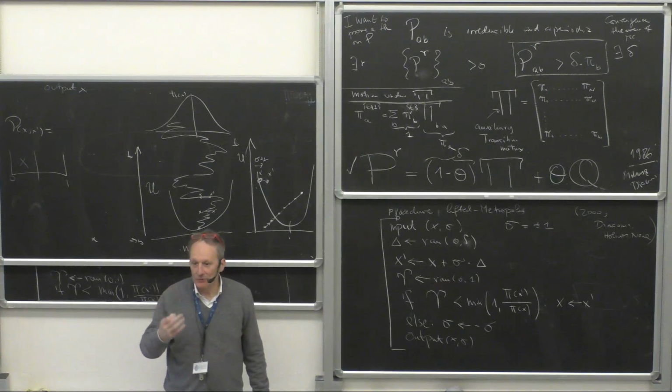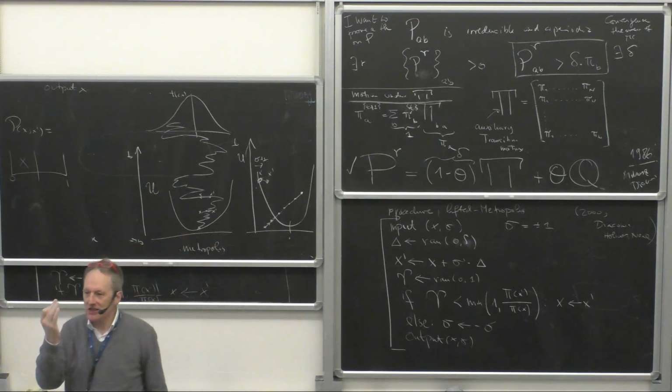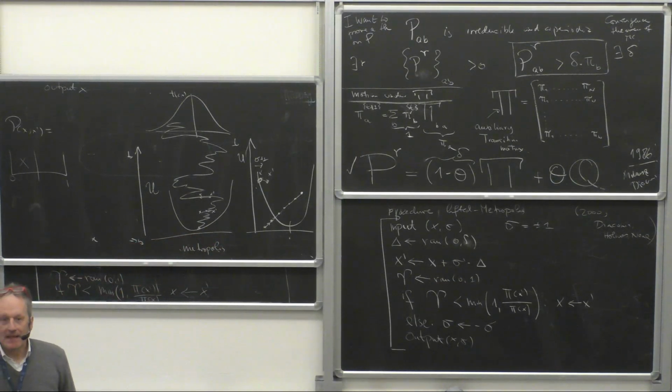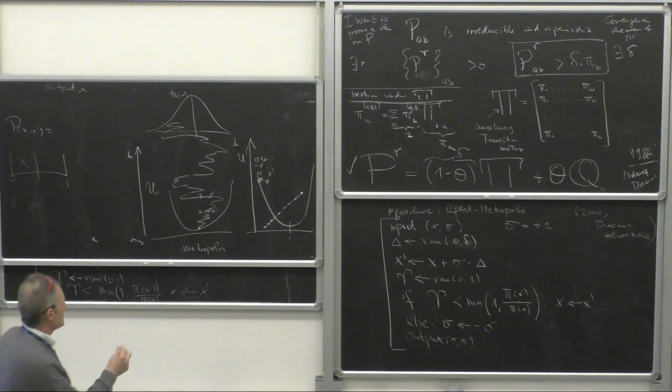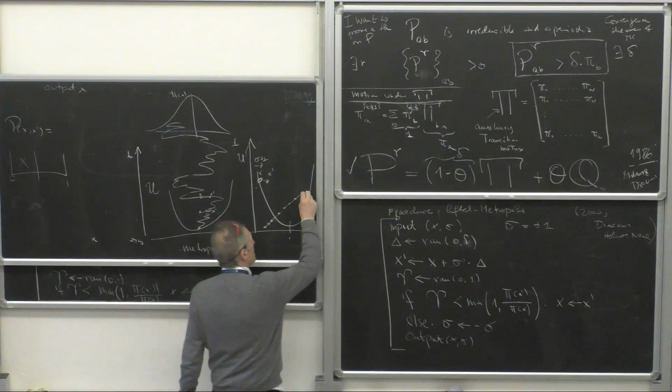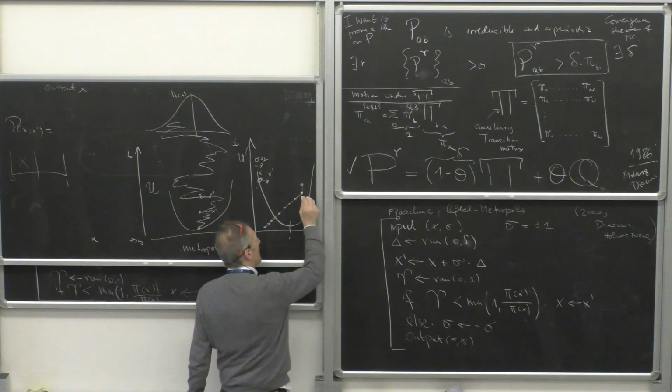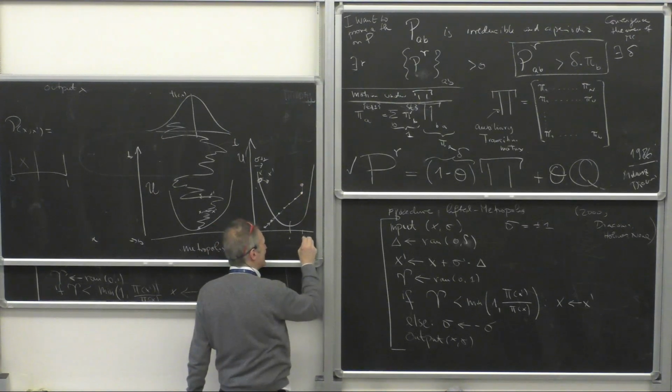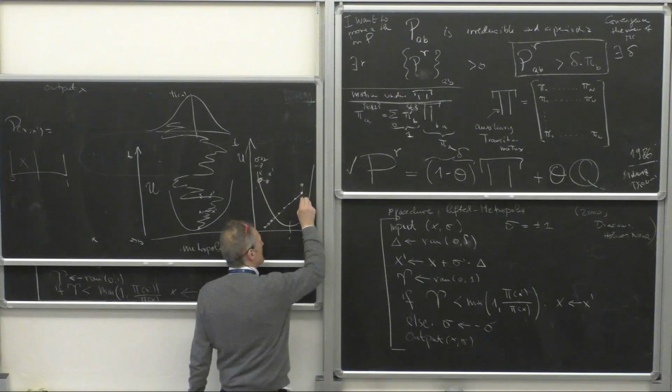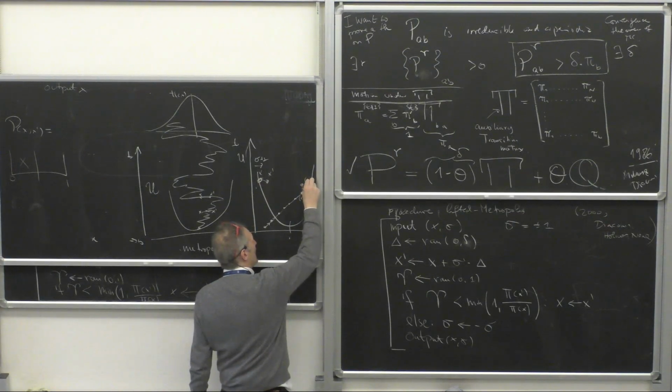Let's say at some point I move. What do I do if I reject the move? I stay on the configuration, but I change sigma. So here I go up. So I had the configuration x with sigma plus 1, and I move to x with sigma minus 1.